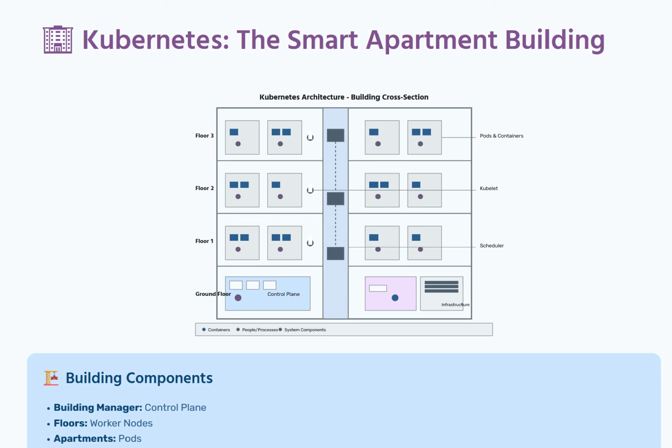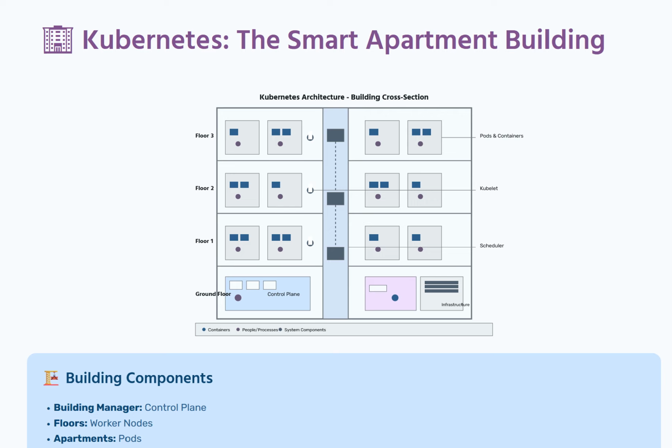So here, we are comparing Kubernetes architecture to a smart apartment building cross section, right? So you could see this apartment building, the units, pods and containers, and then you can have the Kubernetes controls, and then you have a scheduler, right?